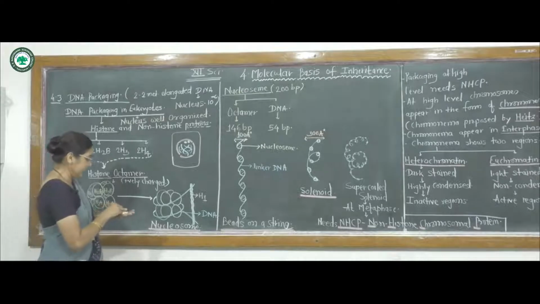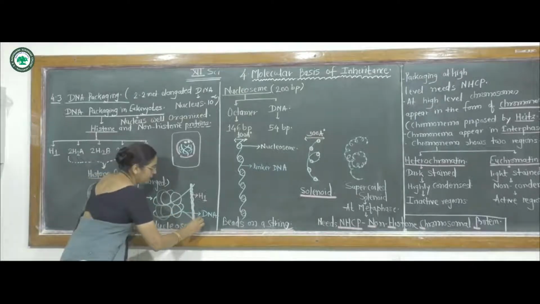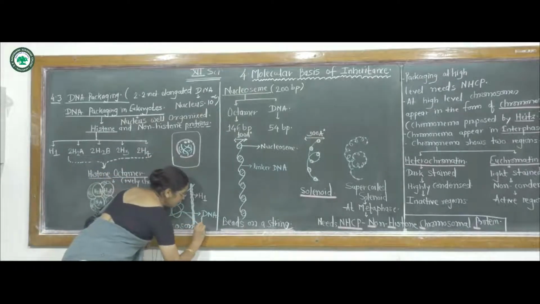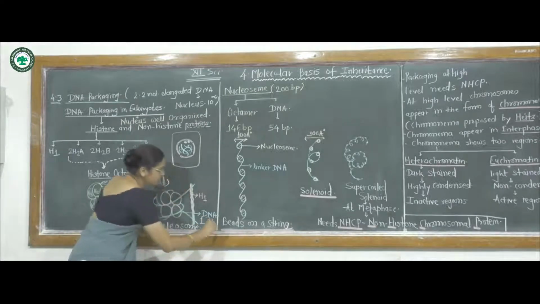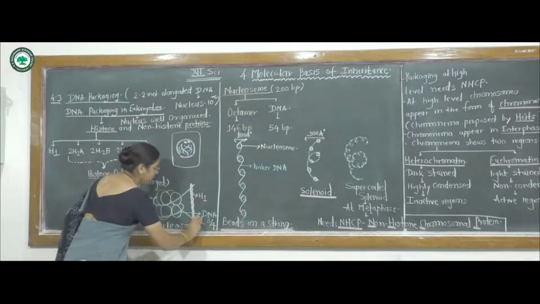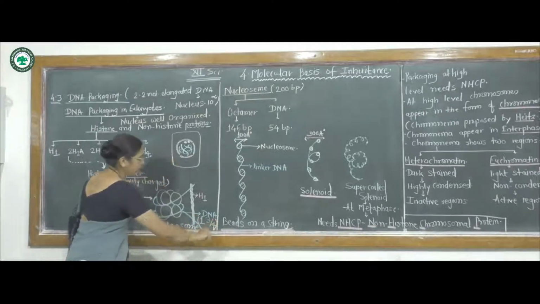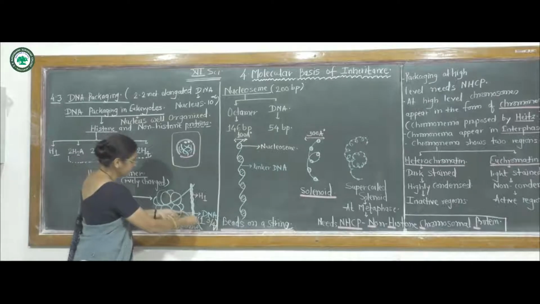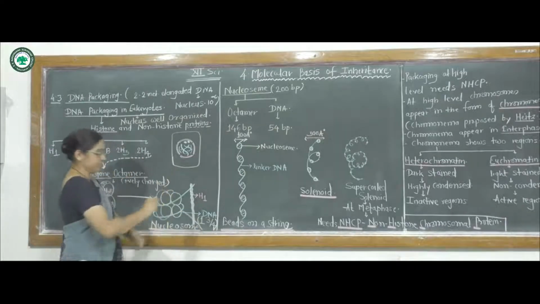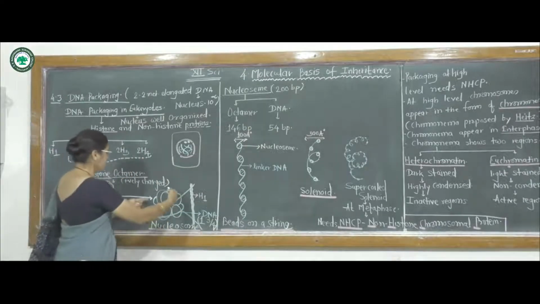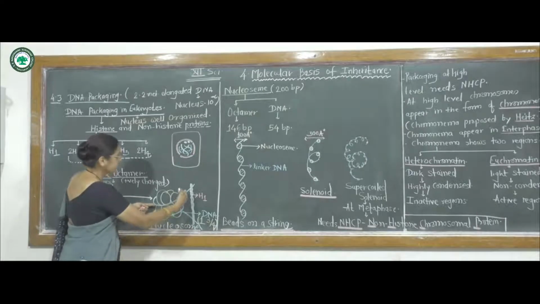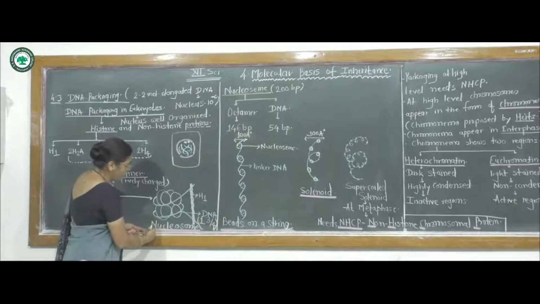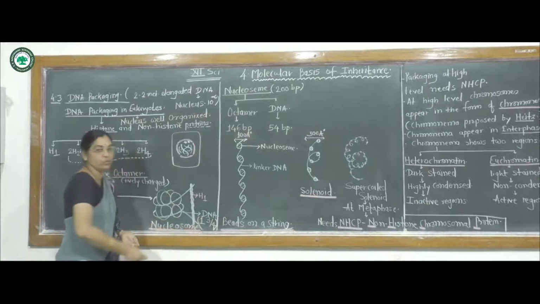That means the DNA molecule is wrapped around as 1 and 3/4 turns, and then the DNA leaves out. So the octamer with the DNA is called the nucleosome.